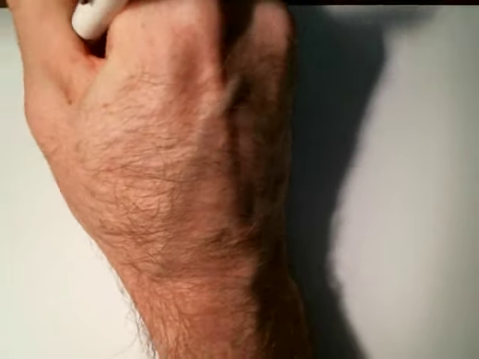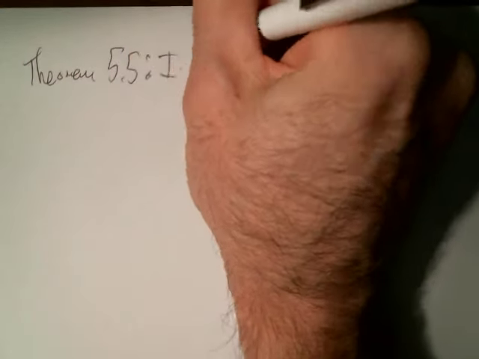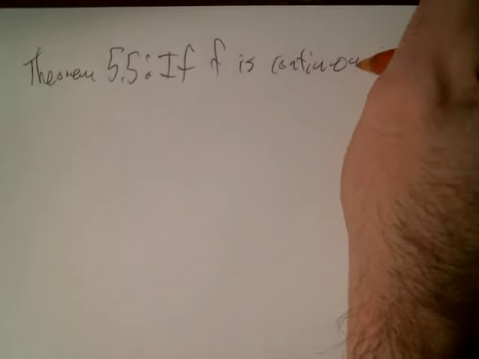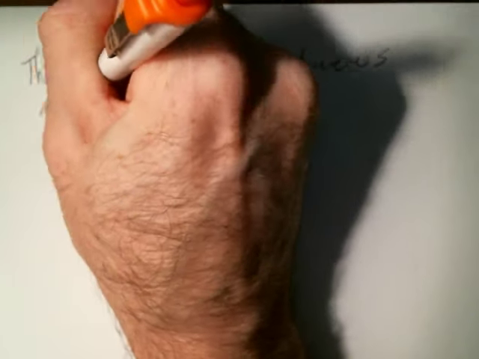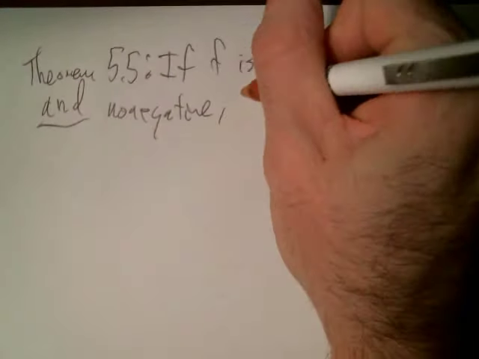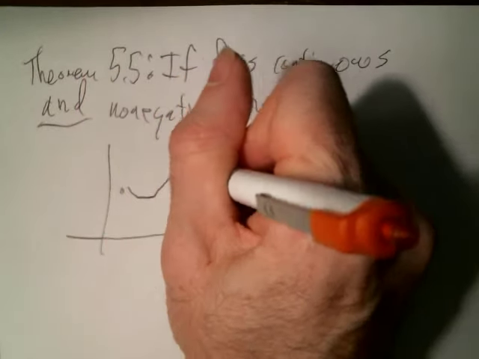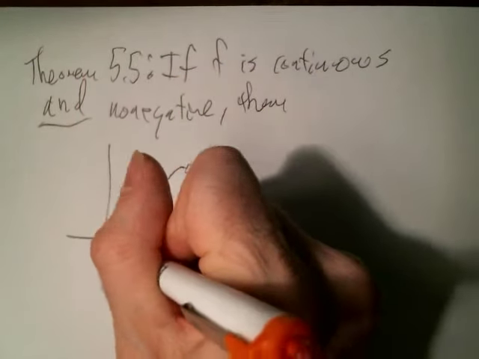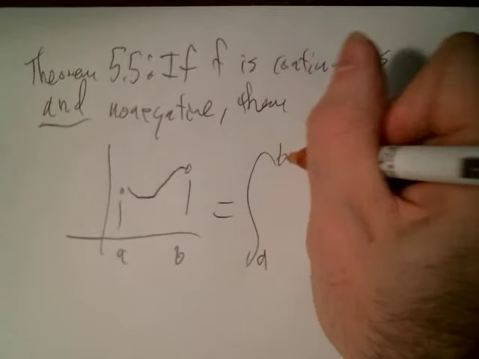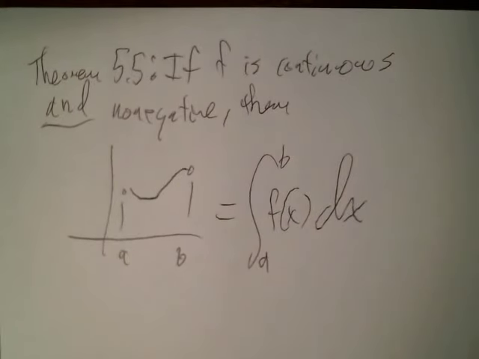Theorem 5.5: if f is continuous and non-negative, then you can automatically say that the area underneath the curve from a to b is equal to this definite integral from a to b of f of x dx.